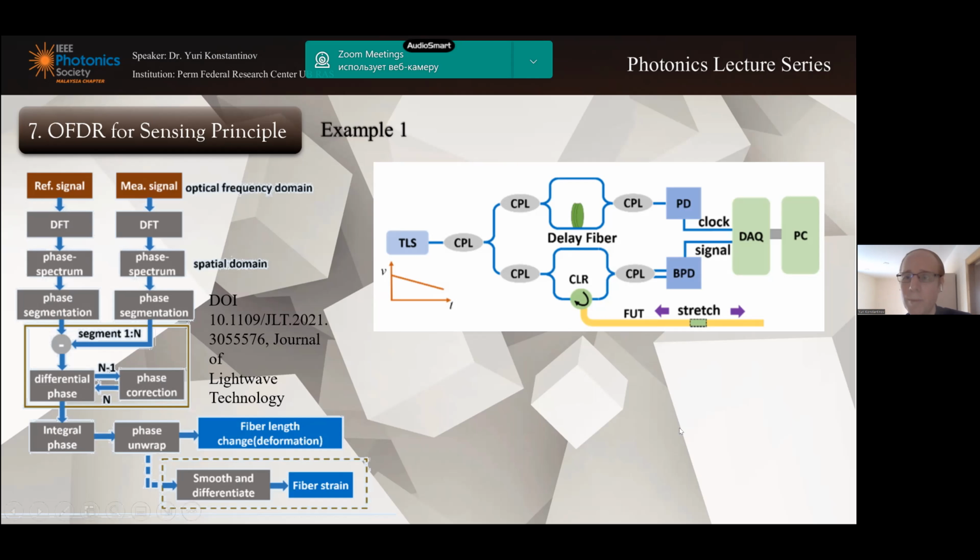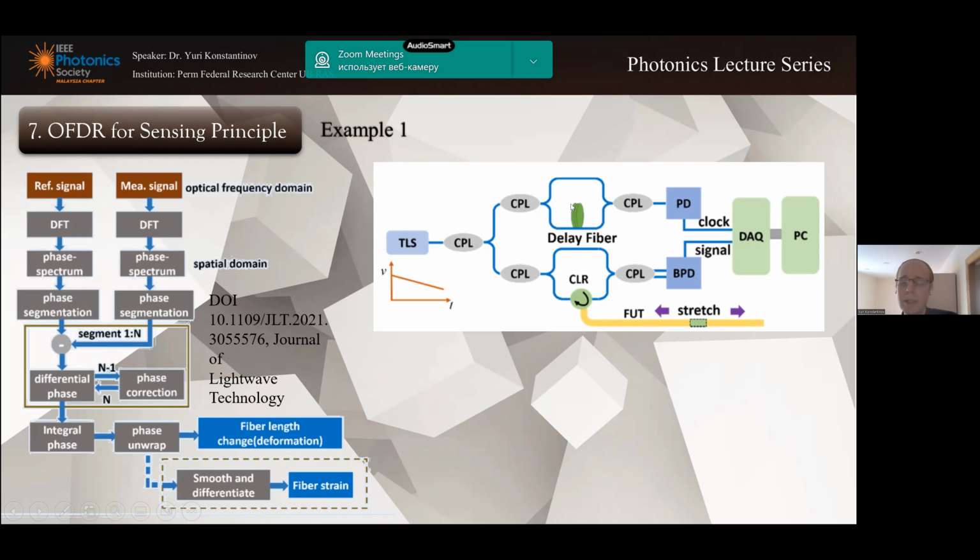As you can see from this picture, the setup of the sensing OFDR is almost the same. We can see the measurement interferometer. We can see the couplers, the circulator, and the fiber under test with some impacts on the fiber.